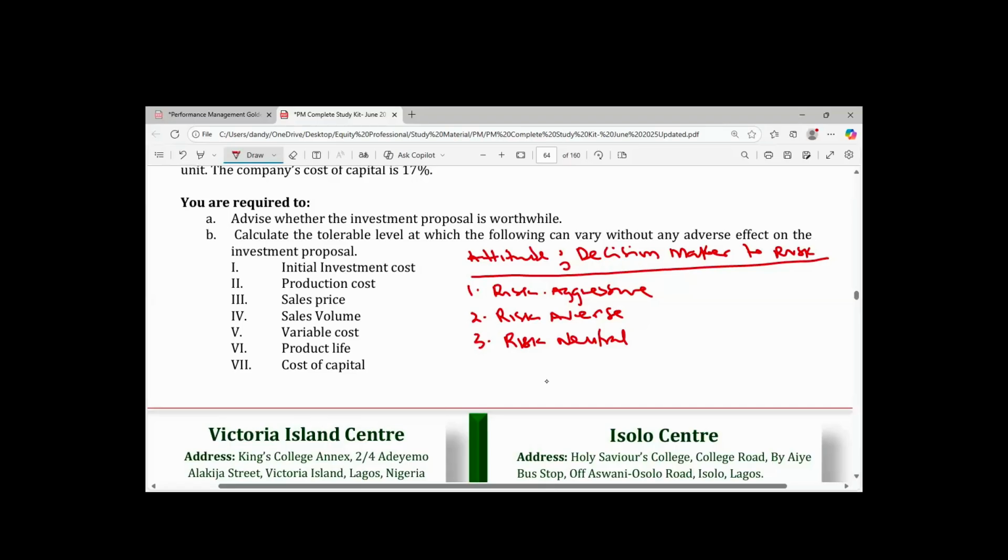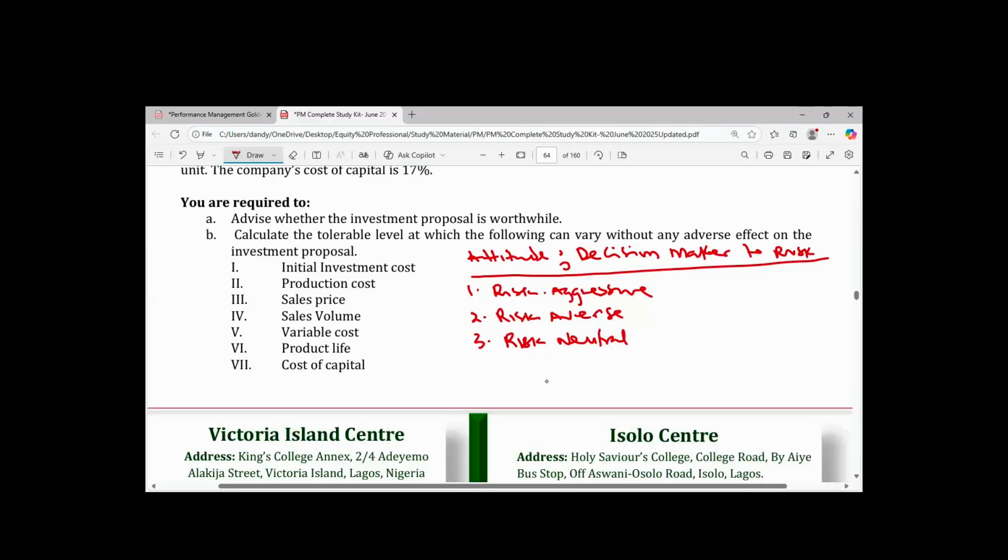Like the general saying, the higher the risk, the higher the return. So as a risk aggressive investor or decision maker, you want to seek the highest return at the highest level of risk.